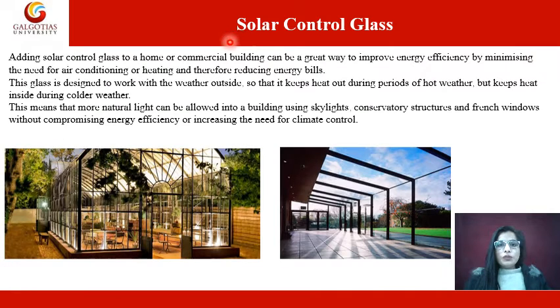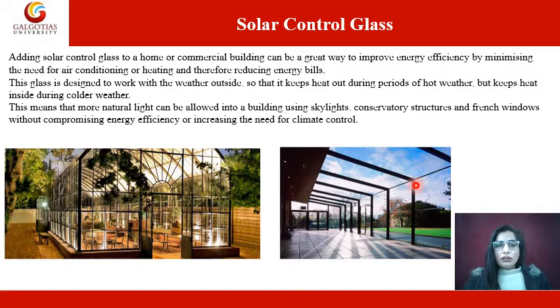Why do we use solar control glass? Because adding solar control glass to a home or commercial building can be a great way to improve energy efficiency by minimizing the need for air conditioning or heating and therefore reducing energy bills. This glass is designed to work with the weather outside so that it keeps heat out during periods of hot weather but keeps heat inside during cold weather.